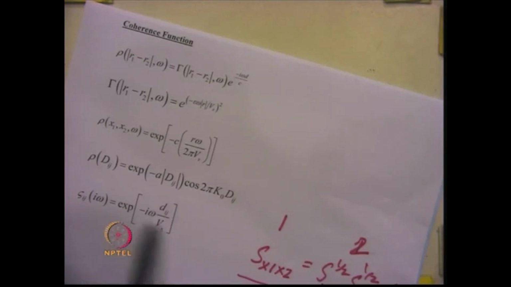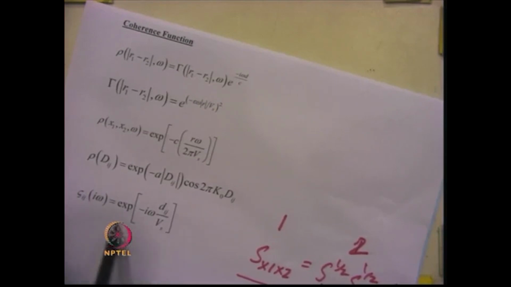Therefore, one can write it in the form of a real part, a cosine, and an imaginary part, which will be a sine. So this particular form of the coherence function becomes a complex quantity.